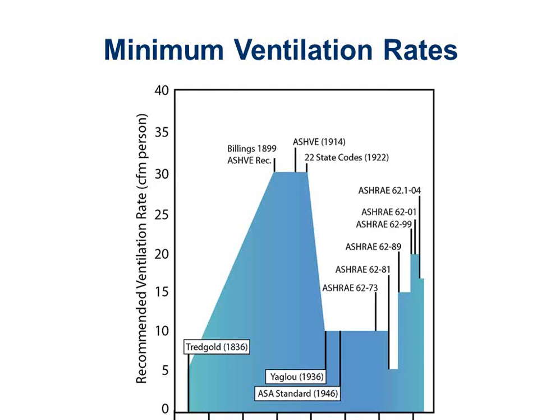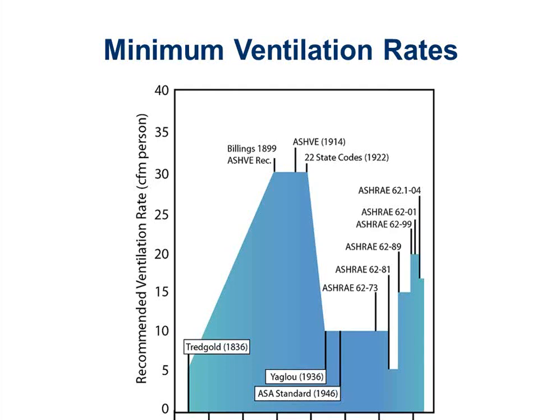So then on the ASHRAE side we flipped over and overcompensated for that and went up to 15 CFM per person. Most of the buildings built in the 90s, which are the ones you're very likely going into right now and repairing and replacing equipment on, are probably designed around 15 CFM per person. Then for a little while in the late 90s and early 2000s, we were at 20 CFM per person.